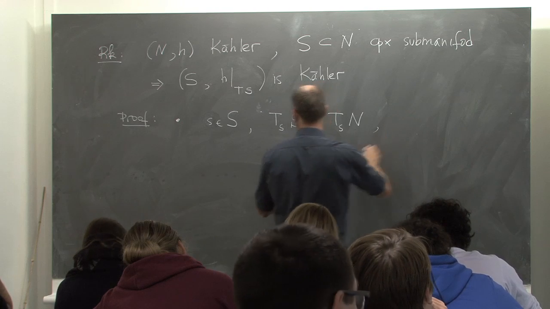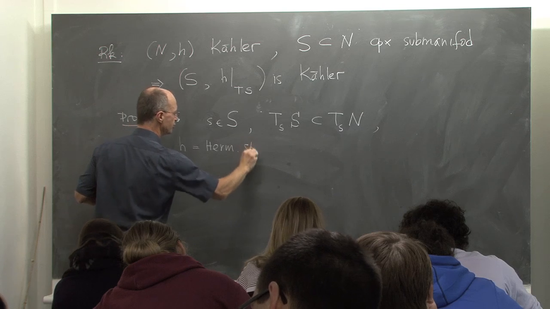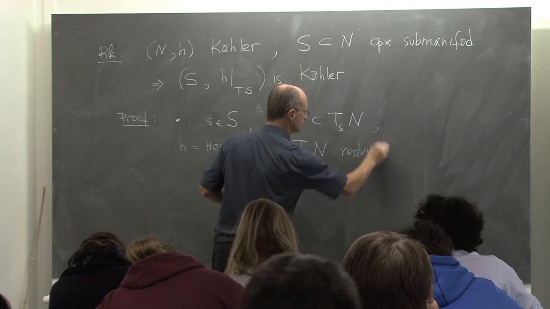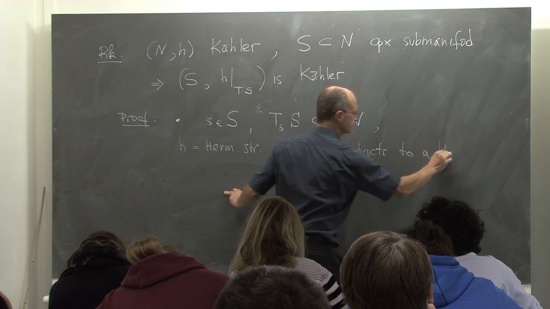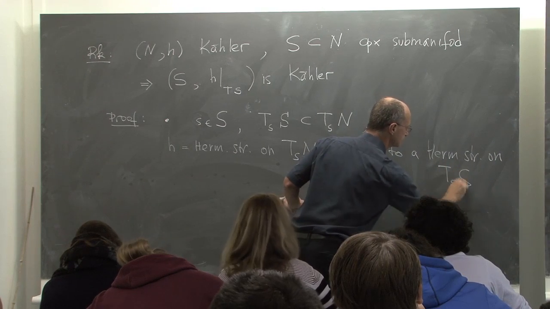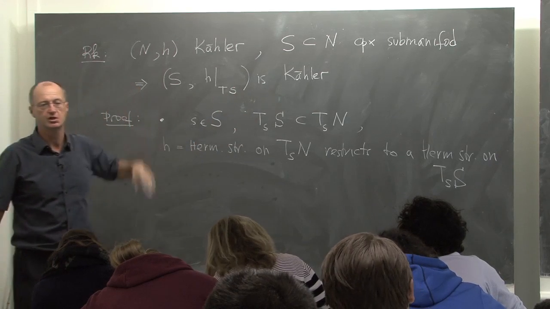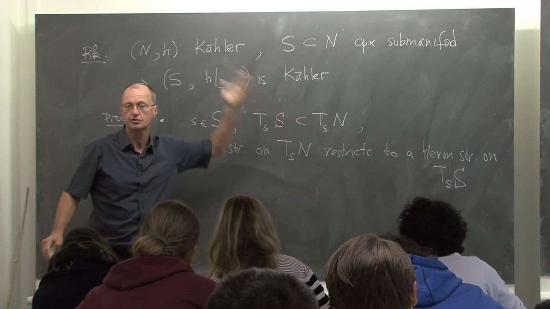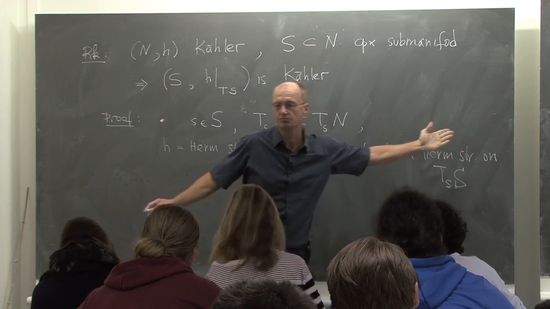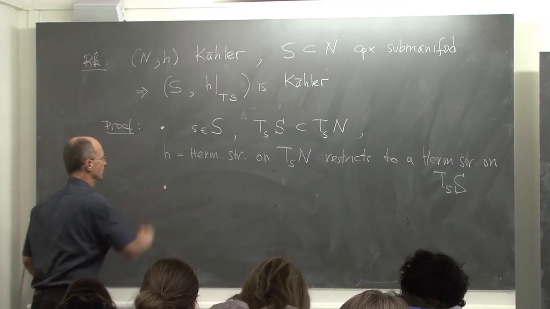And so H, the Hermitian structure on T_sN, restricts to a Hermitian structure on the subspace, right? Because this is just the Hermitian product. All the properties of the Hermitian product will automatically be satisfied for a subspace. So this seems to be okay.